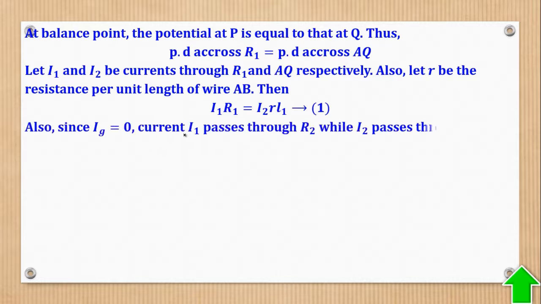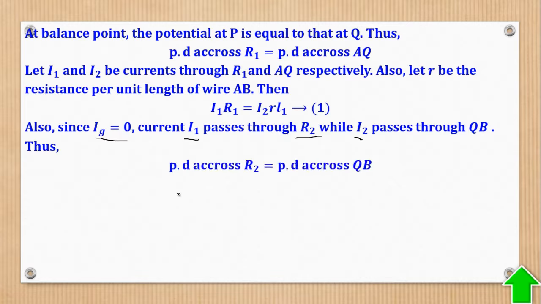Also, since Ig is 0, it implies that I1 passes through R2 while I2 passes through the length L2. Therefore, the PD across R2 is equal to the PD across the length L2. The PD across R2 is I1 R2 and the PD across L2 is I2 r L2.